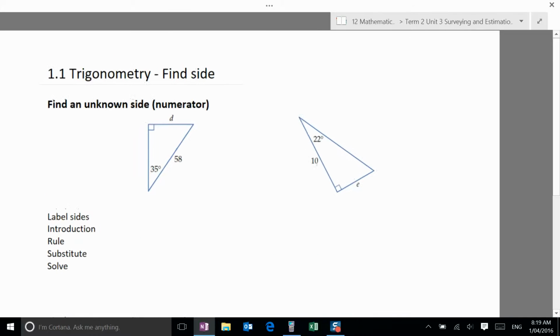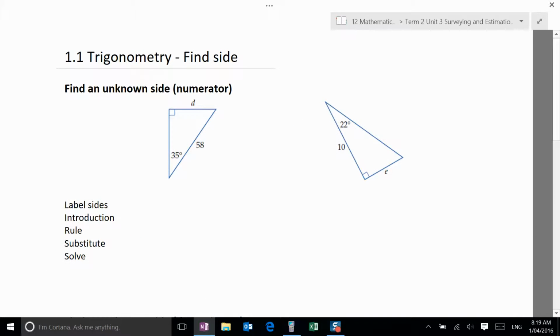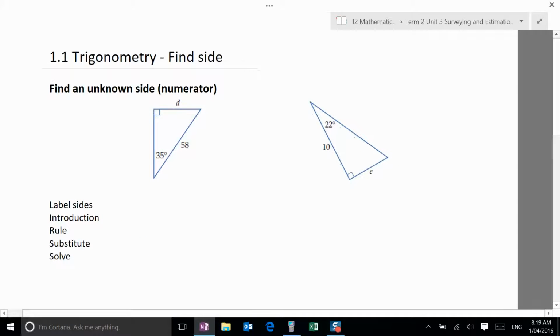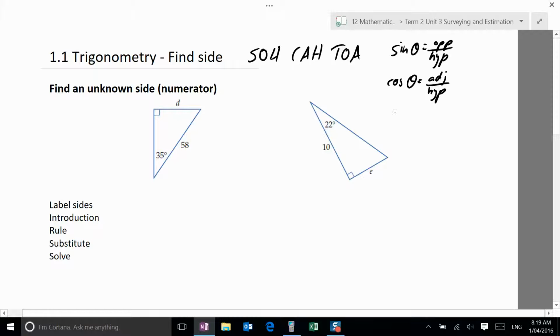Hopefully we're okay with trig. Remember SOHCAHTOA, which means sine of the angle is the opposite side on the hypotenuse. Cosine of the angle is the adjacent on the hypotenuse.